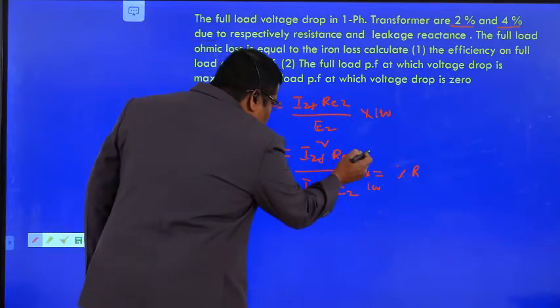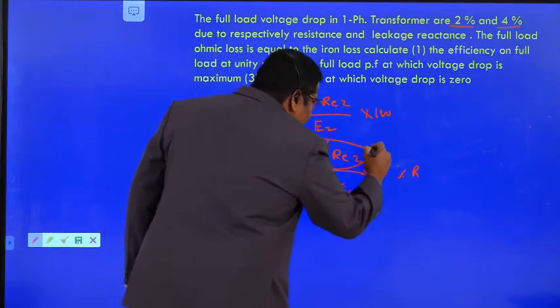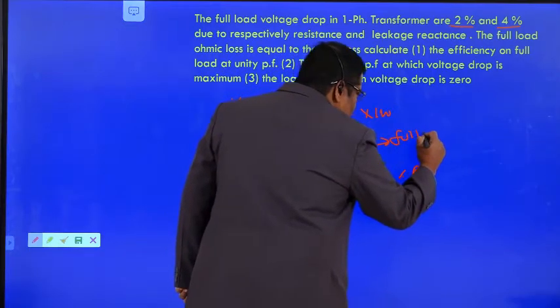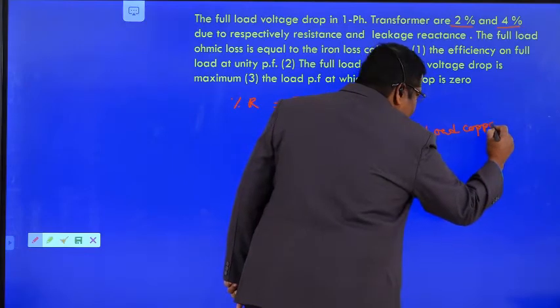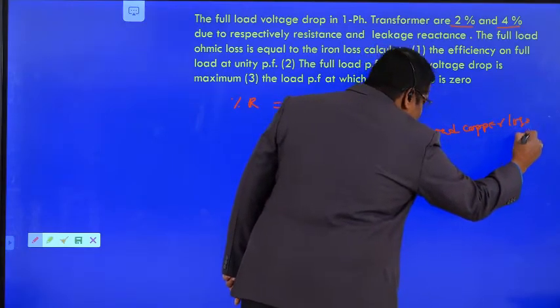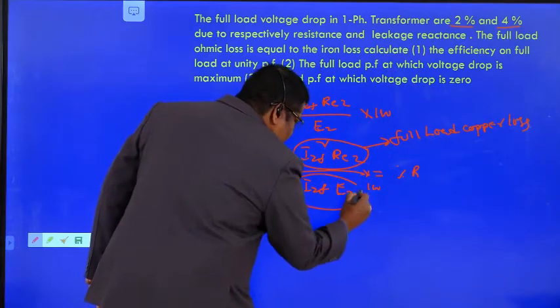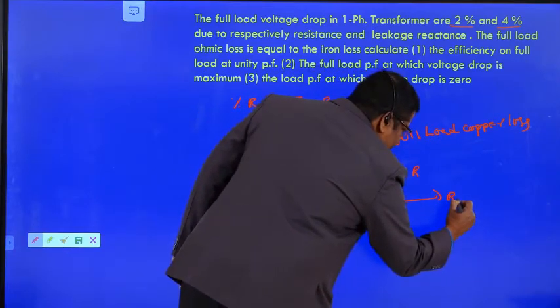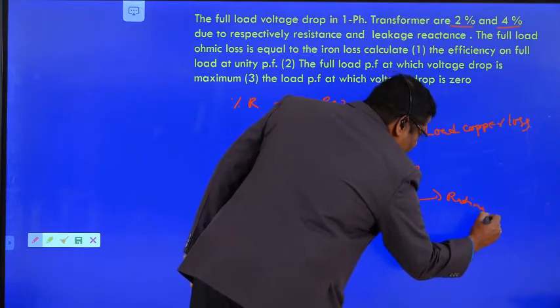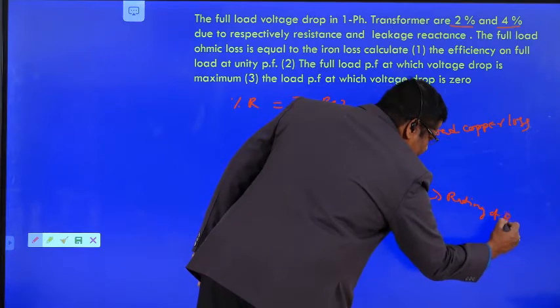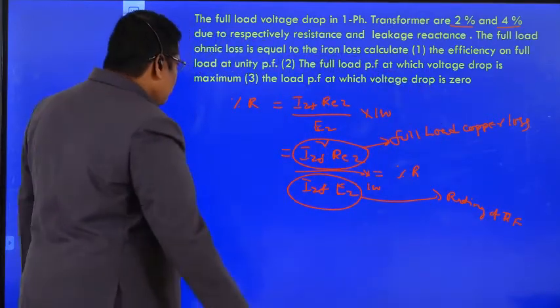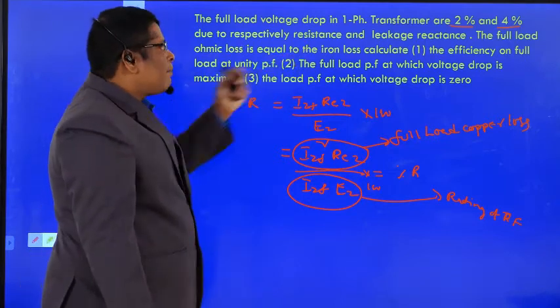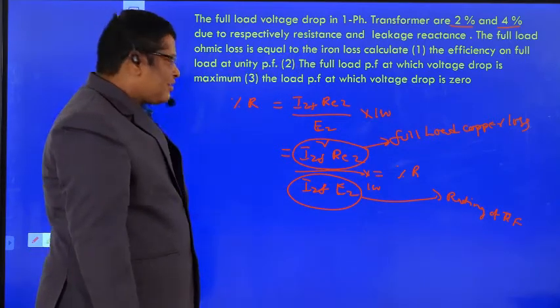This quantity is nothing but the full load copper loss, and the denominator is nothing but the rating of the transformer. The percentage resistance value is already given, that is 2%.